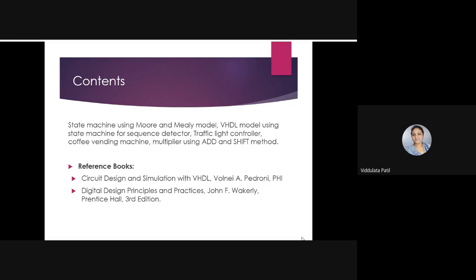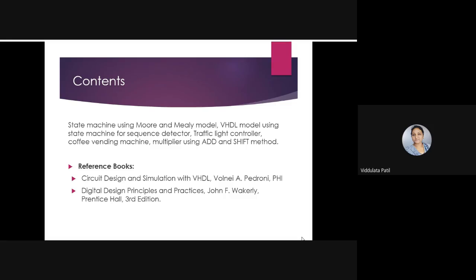So write down these contents and then the reference book, that is Circuit Design and Simulation using VHDL by Volnei Pedroni, and another book, Digital Design Principles and Practices by John Wakerly. So these are the two books.